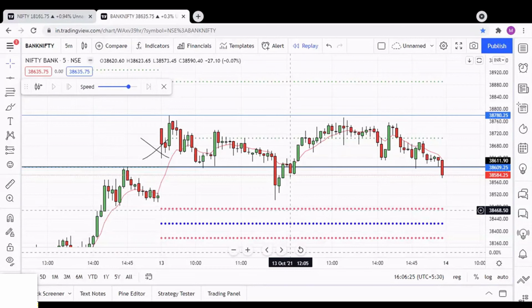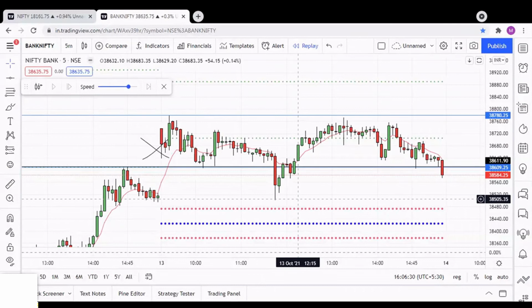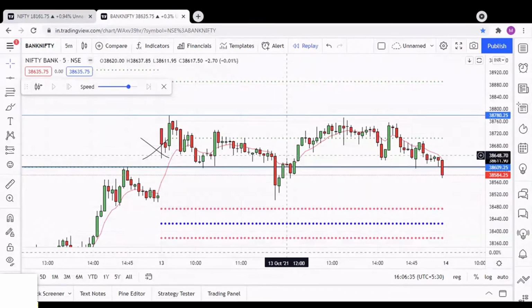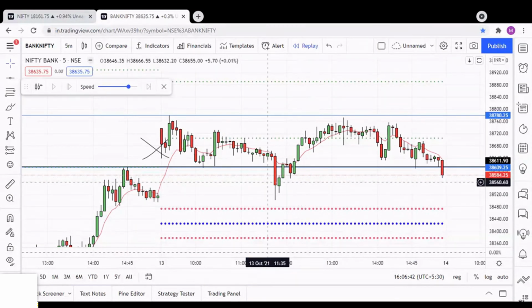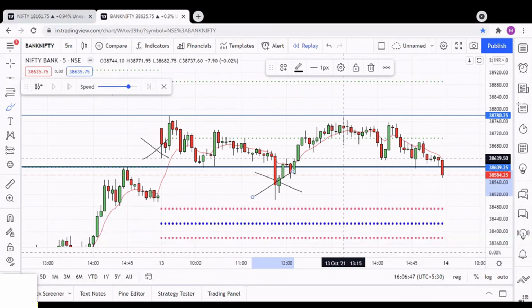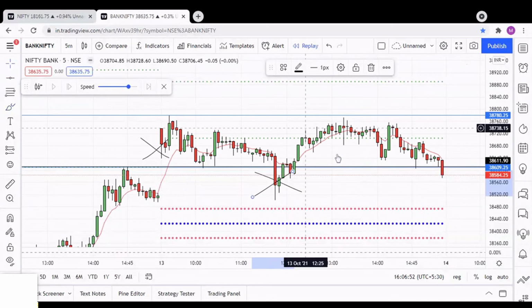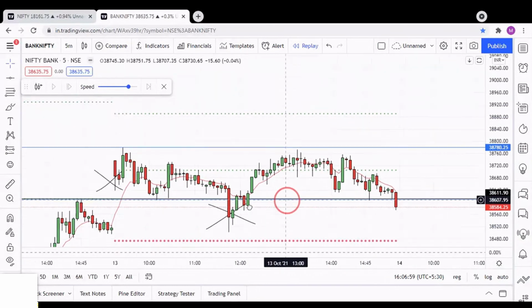So what we have to do is wait for some retracement to the IBL, but it went back to the IBL and even broke the IBL and went inside. So there is no proper retracement at this point to enter the trade. So there is no opportunity here also. And looking for other better opportunities, there is no proper opportunity here as per our strategy. So there is no trade in Bank Nifty today.